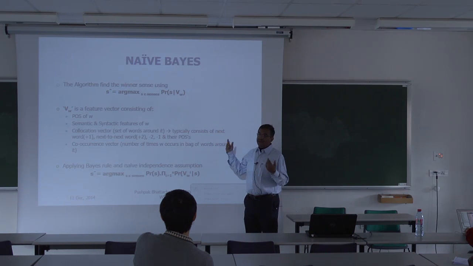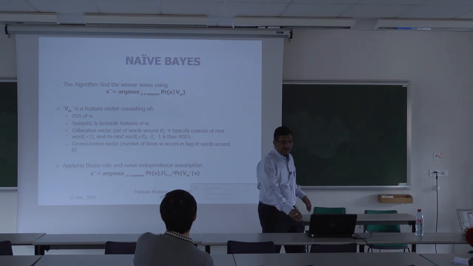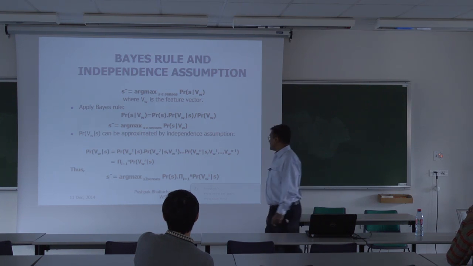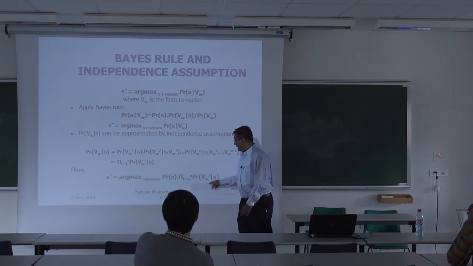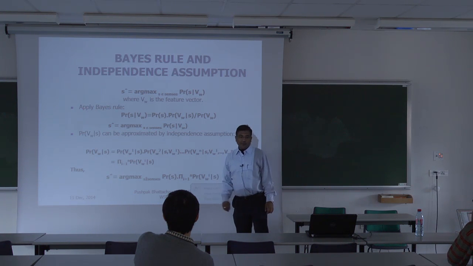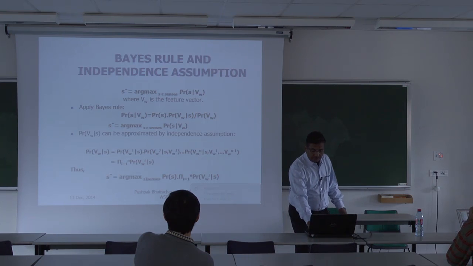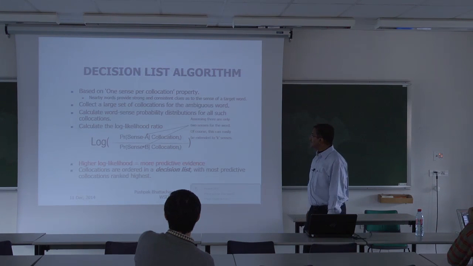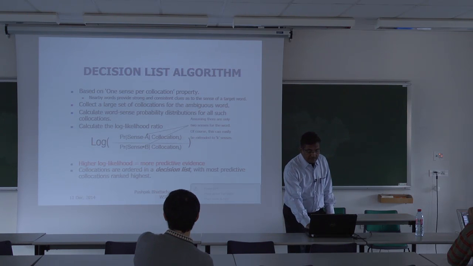Then we make use of the naive Bayes assumption, get the features and compute the best possible sense through this kind of product. This is just like part of speech tagging. So, naive Bayes has been used, then decision list based algorithms have been used.